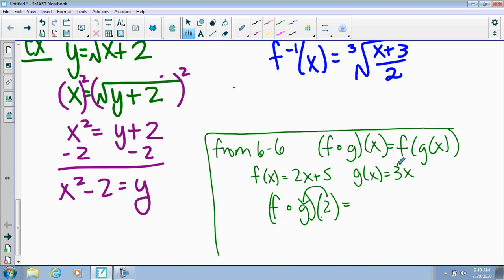That is 3 times 2, and that is 6. Then you'll take 6 and plug it into the f function. 2 times 6 plus 5, and that is 12 plus 5 is 17. So when you see the little o, that does not mean multiply, that means f of g of x.